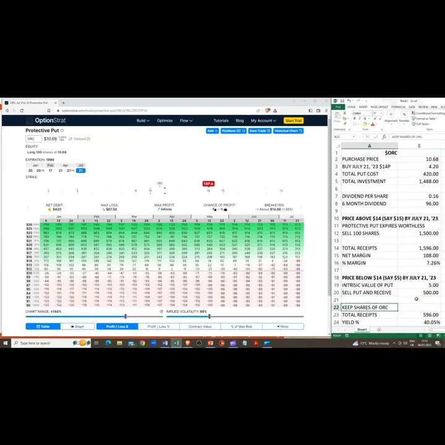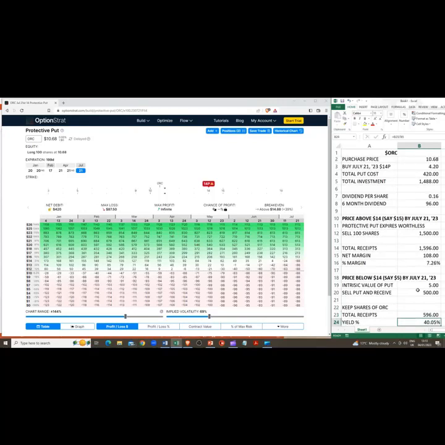Now, because you sold the put contract, you will still keep your shares of ORC, so you still own the shares, you haven't sold them. And that means that the $500 and the $96 you received in dividend would translate to total receipts of $596.